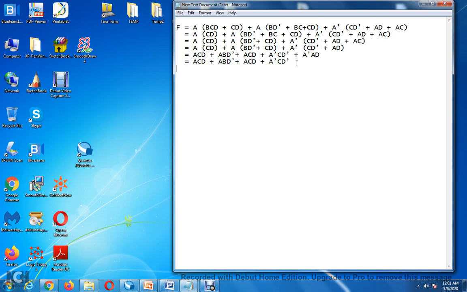So Control C, Control V. We can eliminate the extra ACD. Now I see ACD and A prime, almost. If this were ACD, I would have ACD and A prime CD, and I could say CD or ABD prime.